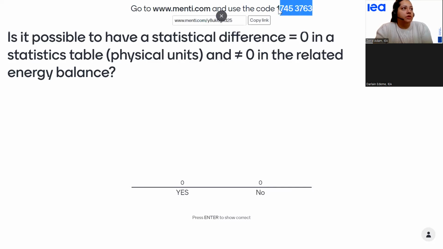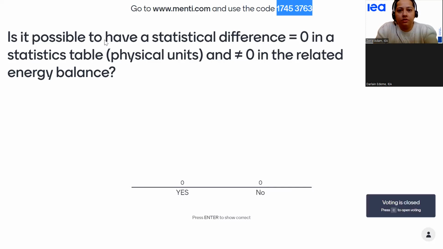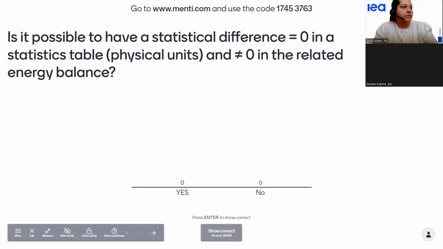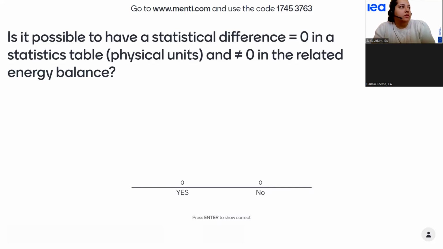I'll just copy the code and put it in the chat box here.